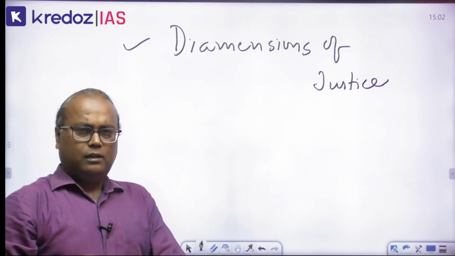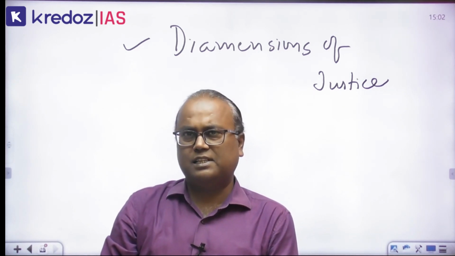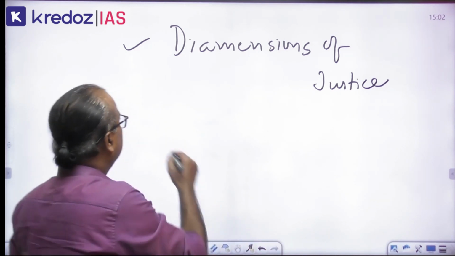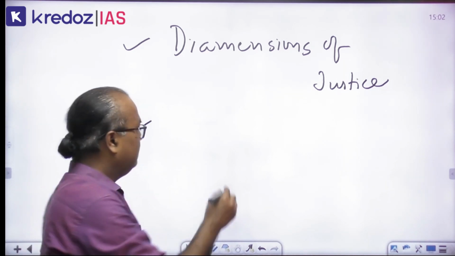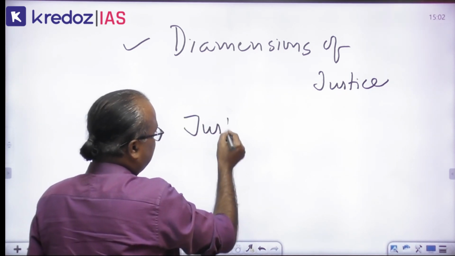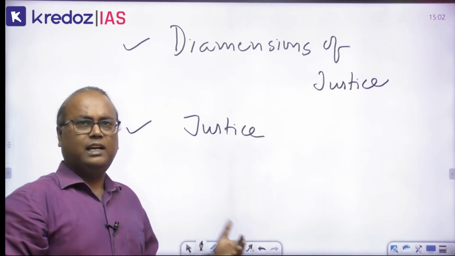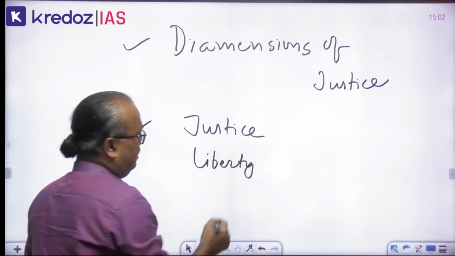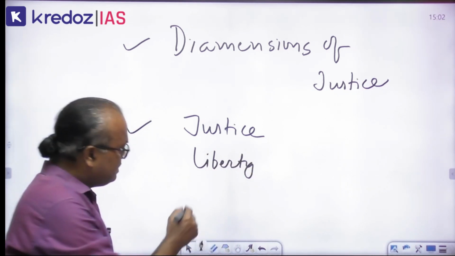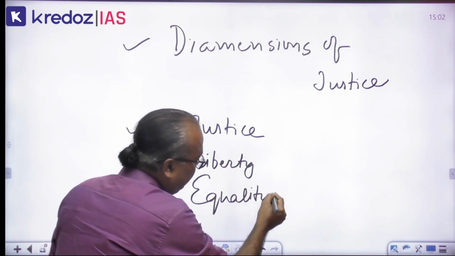So after understanding the different dimensions of justice, okay, next are three things. One is justice, another is liberty, and last but not the least is equality.